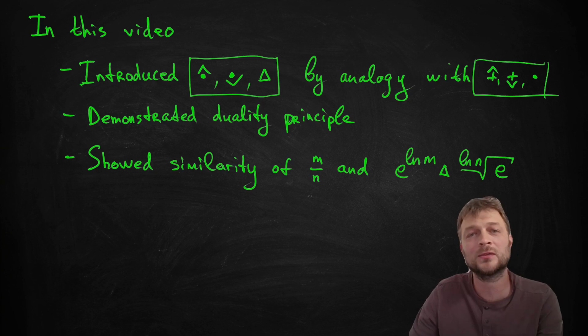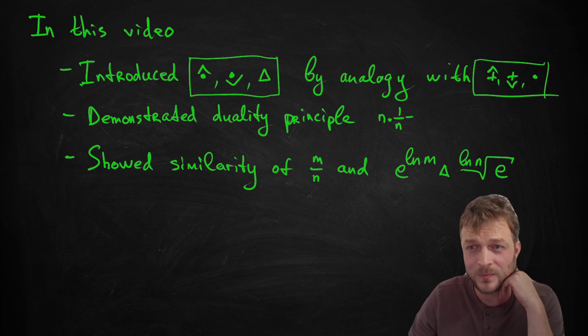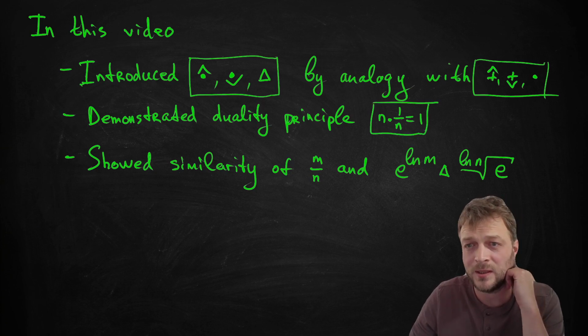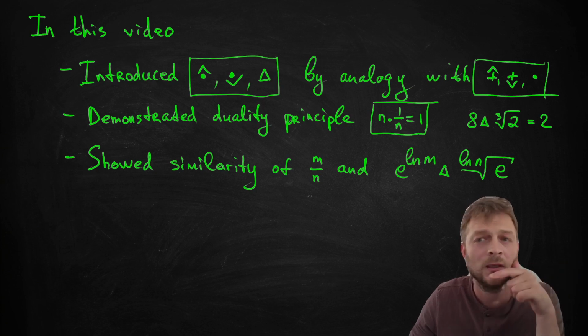So we introduced duality principles. For just the standard multiplication operation, duality is achieved through this relation, and in my case duality is achieved like this, with the notion of the triangle operation, and this will be the cubic root of 2, and this is equal to 2 because 2 is a unit for multiplication.